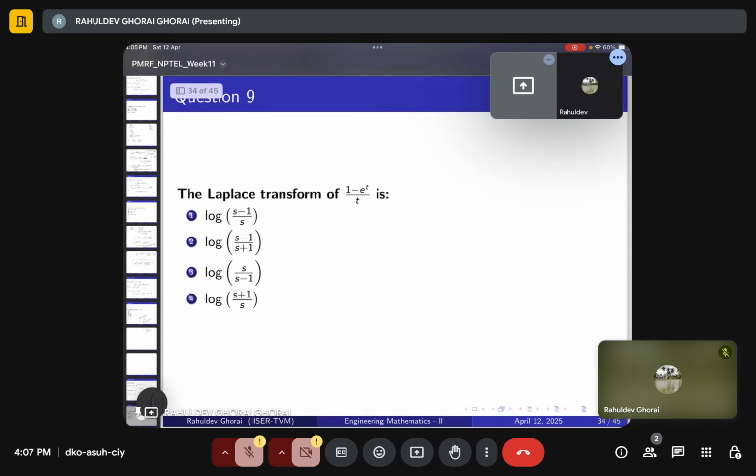Now move to the ninth question. L of 1 over t minus e to the power t over t. So 1 by t times one function is there, then it is difficult.